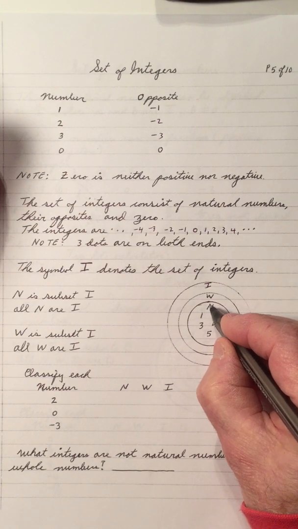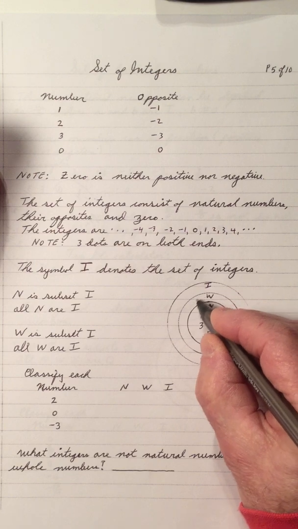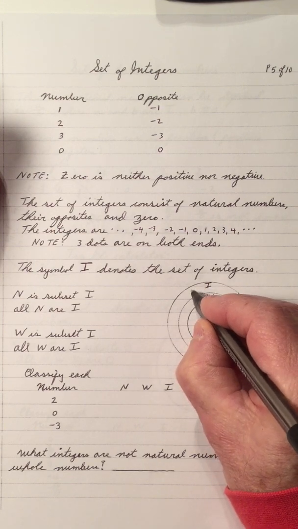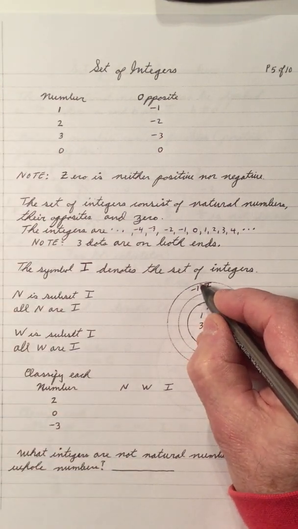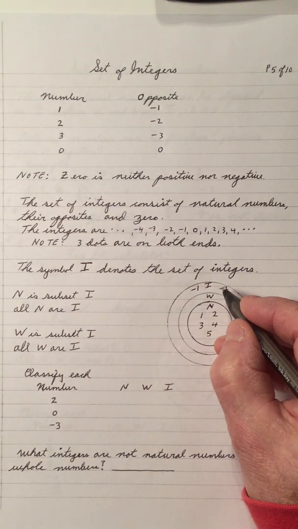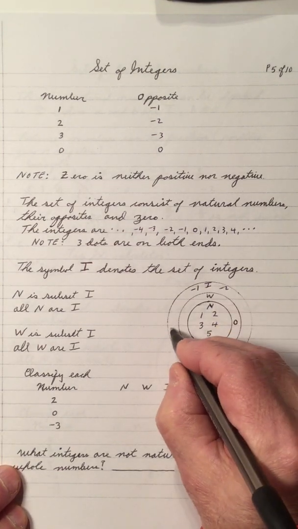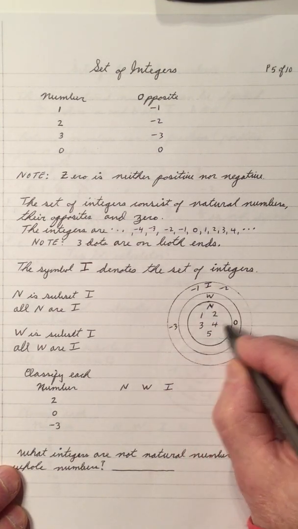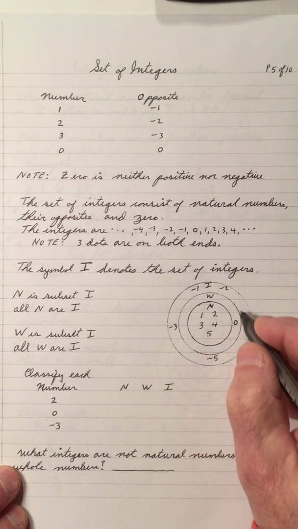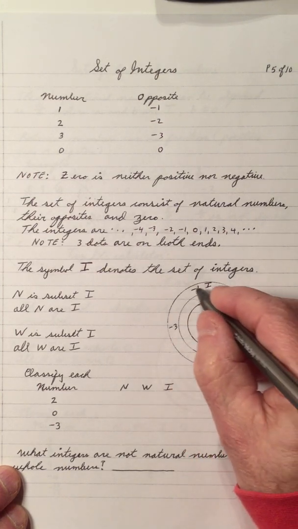Notice the natural numbers are inside, whole numbers are inside the integers, and 1 opposite is -1. 2, -2. 3, -3. 4, -4. 5, -5. So notice the negative numbers are outside.